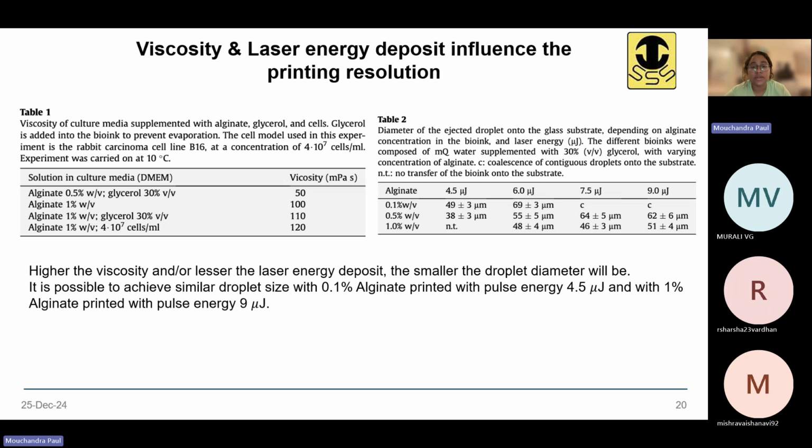And if you keep the laser energy constant and just increase the alginate percentage, the size of the droplet decreases. So here you can also correlate this result with viscosity. If you keep the laser energy constant and increase the viscosity, the size of the droplet is going to decrease.